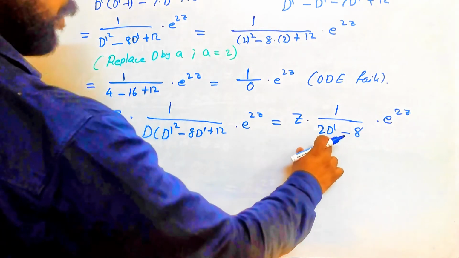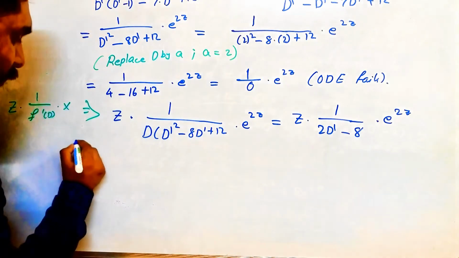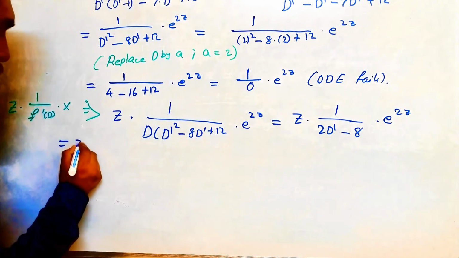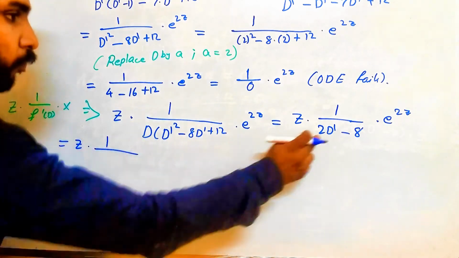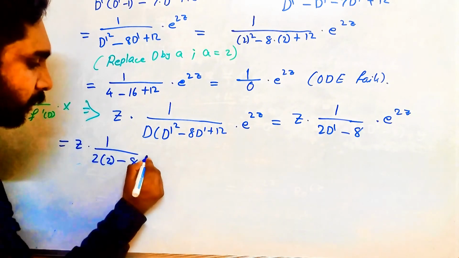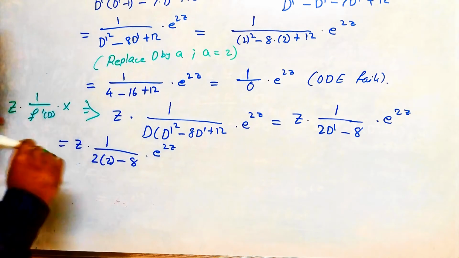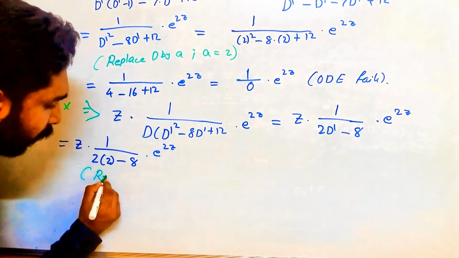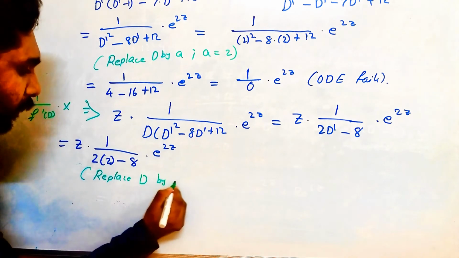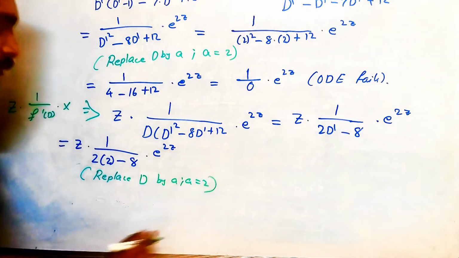So we replace D by 2, we get z into 1 by 2D dash, meaning 2 into 2, minus 8, into e to the power of 2z. I am just replacing D by a, and a is equal to 2 here.